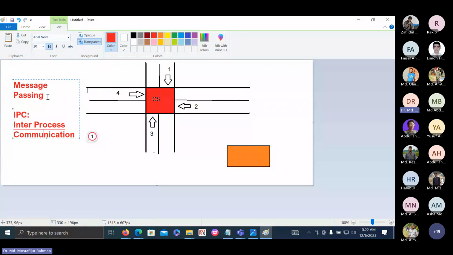That means communicating between the processes and doing the synchronization.